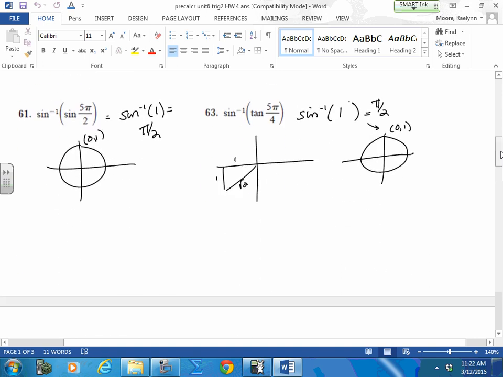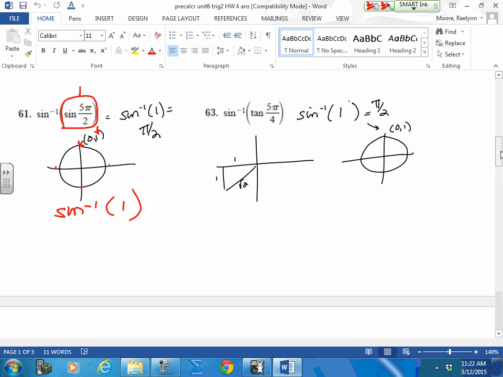Alright. This guy, I go to my parentheses. I say I have any angle, sine of 5 pi over 2. This is 1 pi over 2, 2 pi, 3 pi, 4 pi, 5 pi over 2. The sine of this guy is 1. So I'm technically looking for a restricted sine angle whose sine is 1.